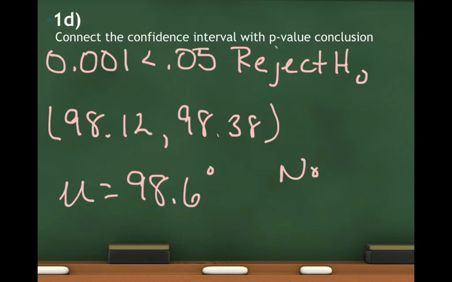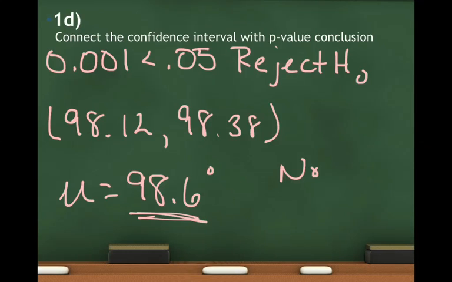And so that would make sense that we rejected the null hypotheses because we rejected the claim that the mean is 98.6. And so anytime we reject the null hypotheses, our true mean, our true proportion should not fall between our confidence interval because we shouldn't have captured it because we're saying it's something different or it's less than or greater than.